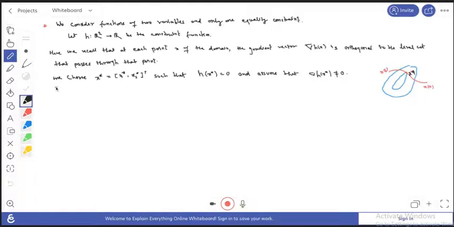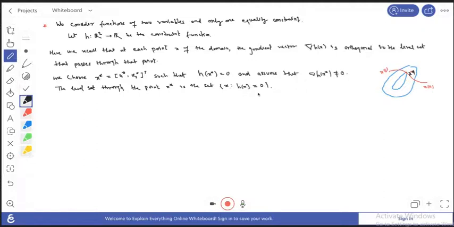Okay, so the level set through the point x star is the set of all x such that h of x equals 0. So this is simply the feasible region, those x that satisfy this equality constraint.